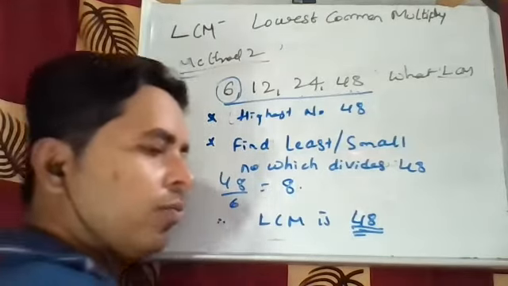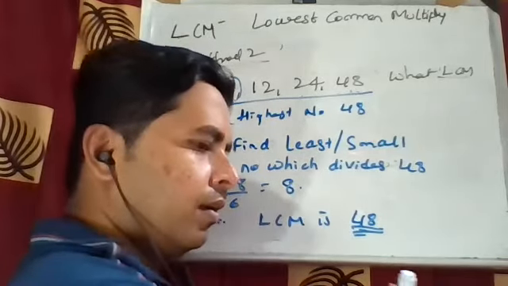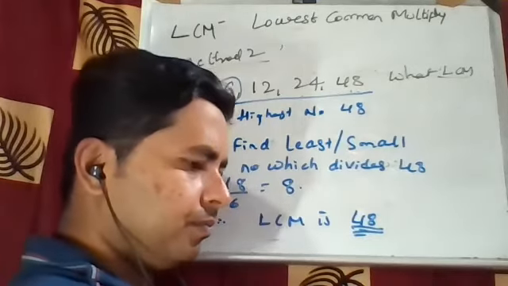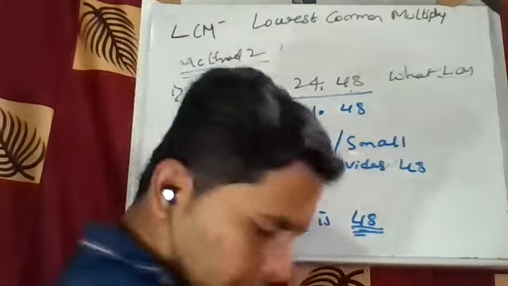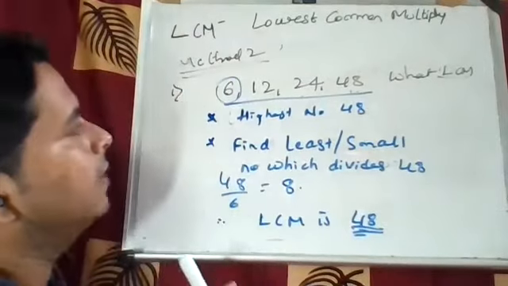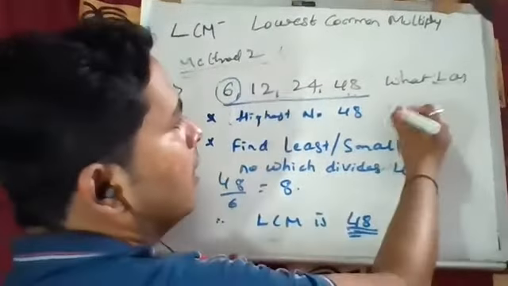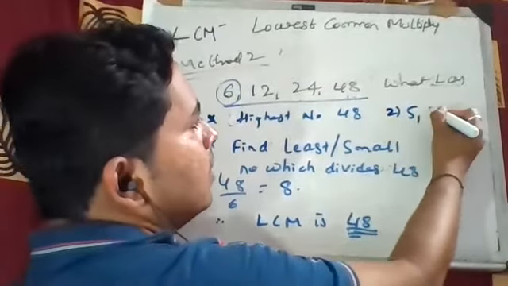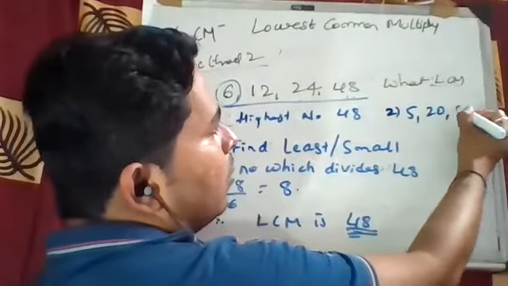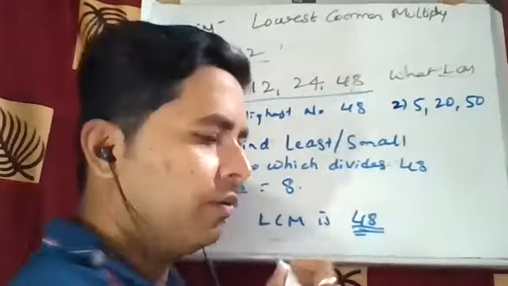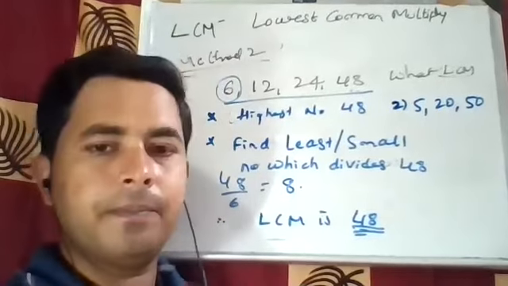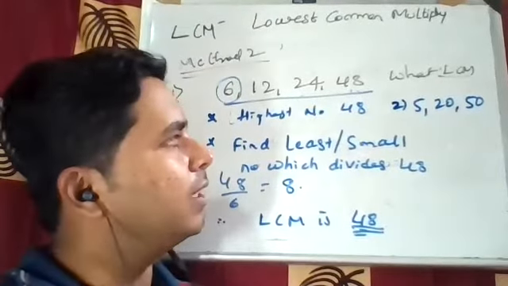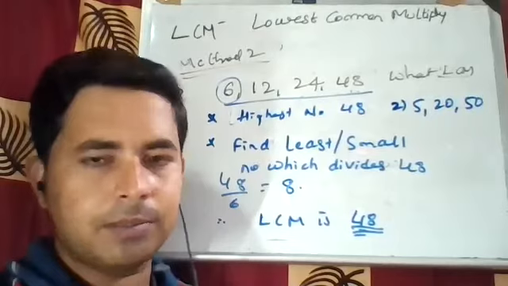Similarly, I'll take one more example now. A different type, like 5, 20 and 50. Here 50 is the highest number.